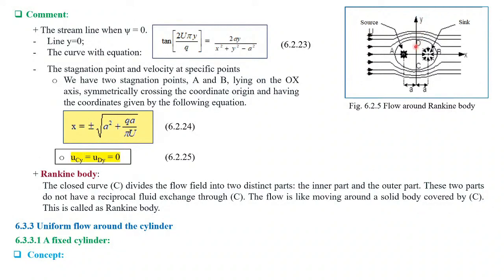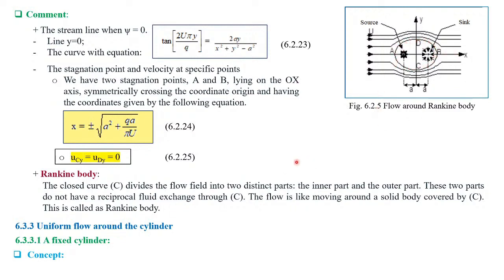The flow is like moving around a solid body covered by C. That means the flow in the outside region goes around this curve, like a solid body, and this is called a Rankine body.